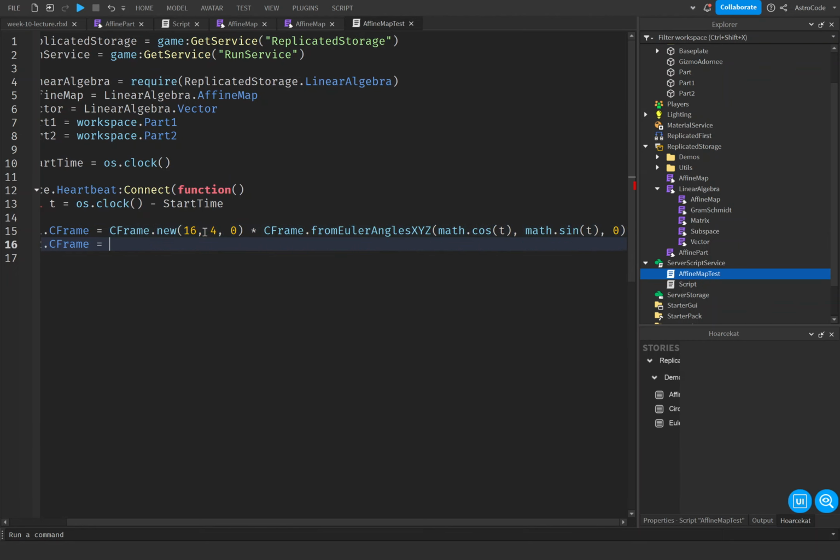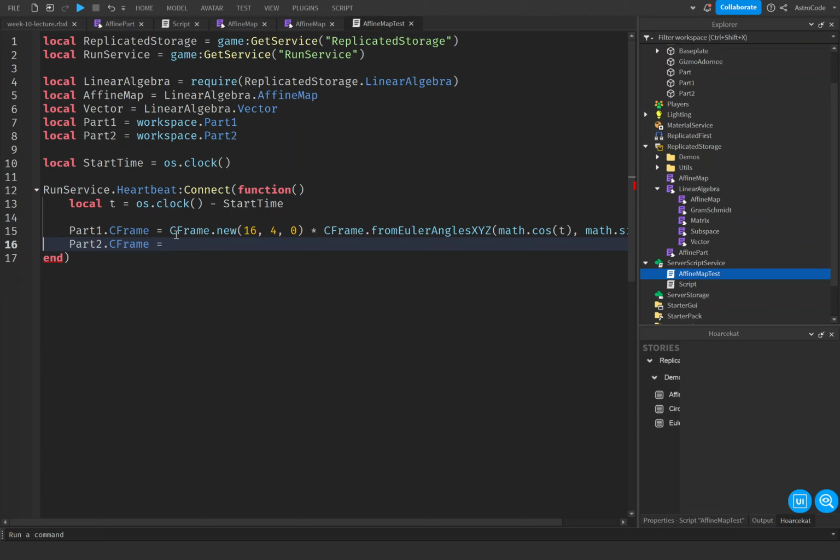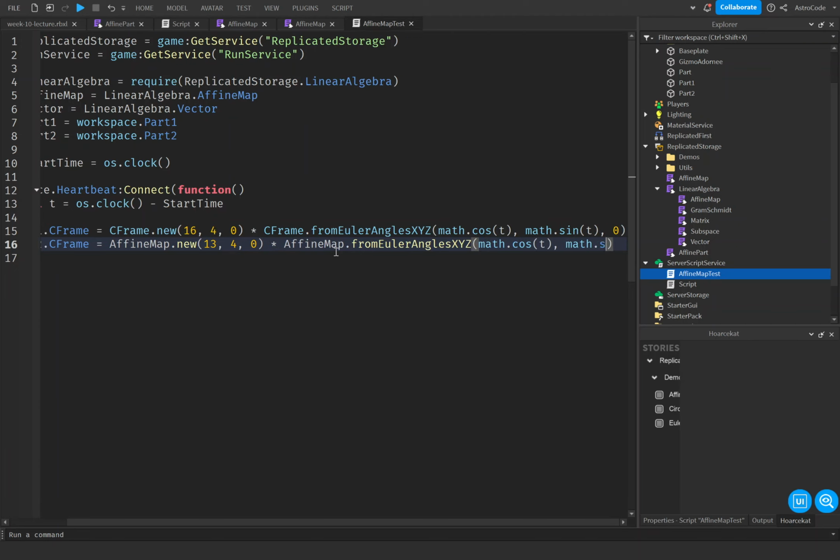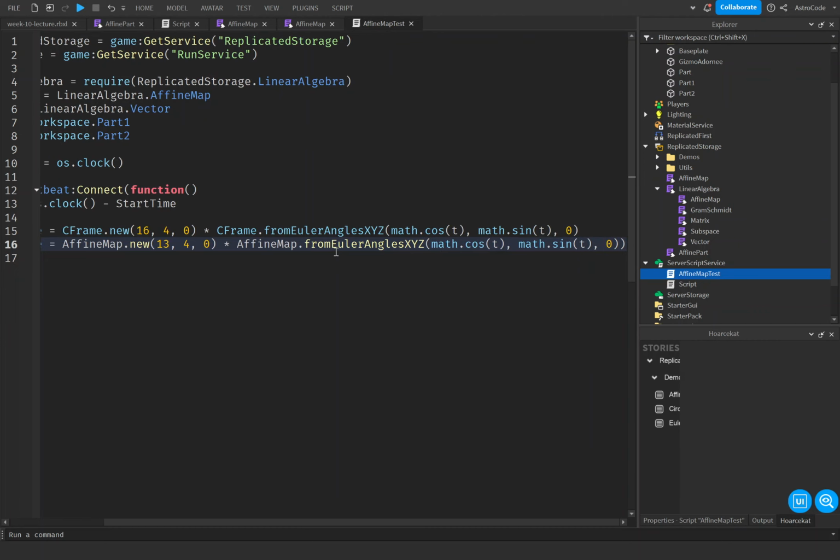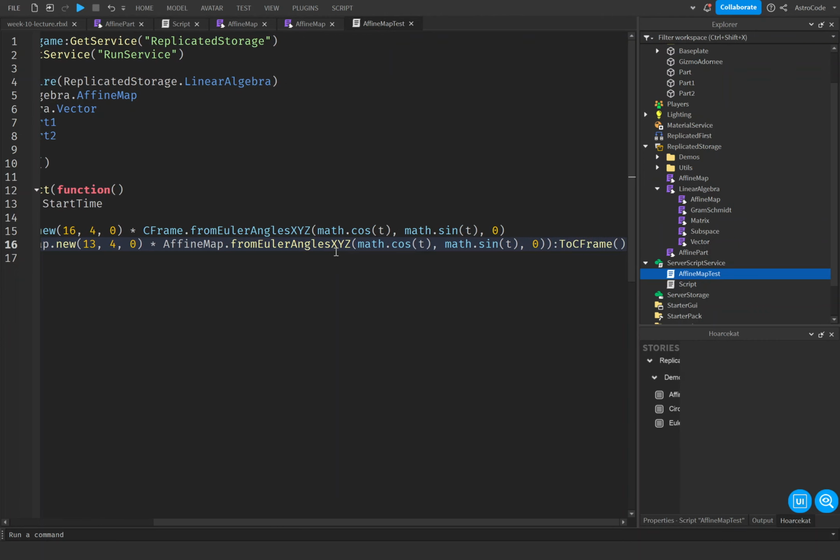How about that? And then for part 2, we're going to use our affine map. So I'll put it right next to part 1. And now we want to use our affine map from Euler angles. Put in the same angles. And then at the end, we have to tack on that toCFrame method.